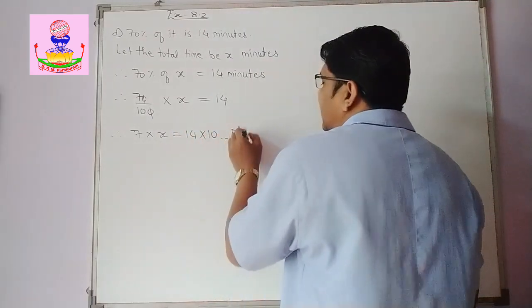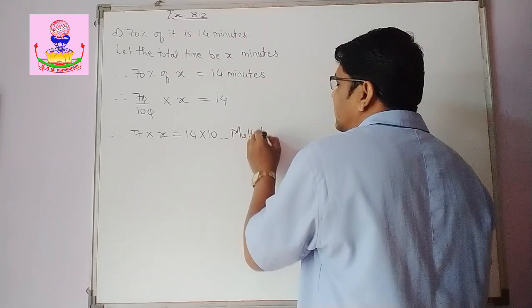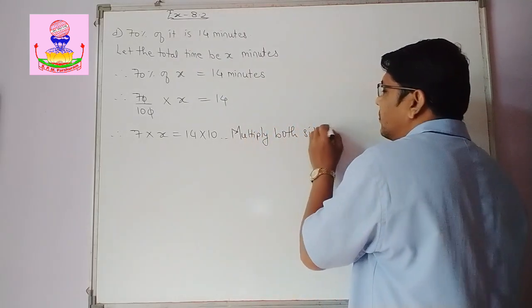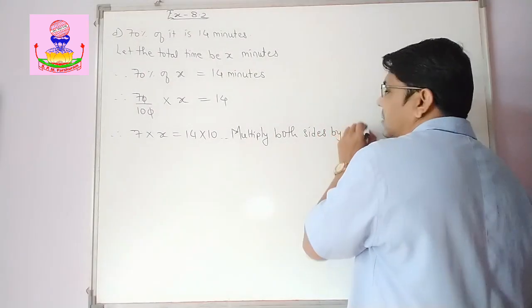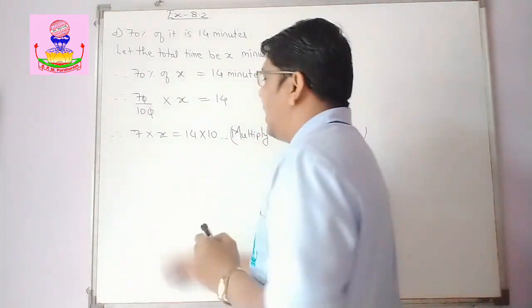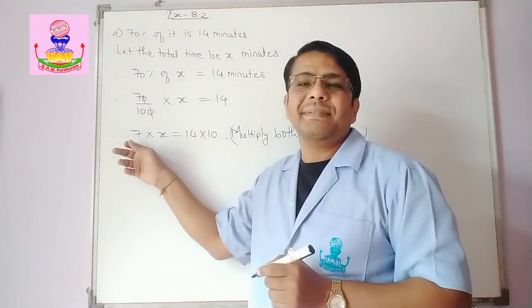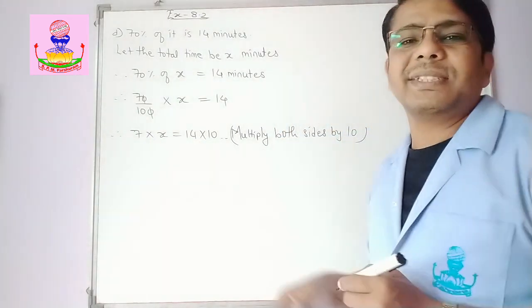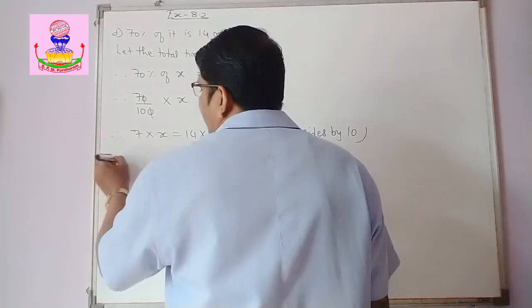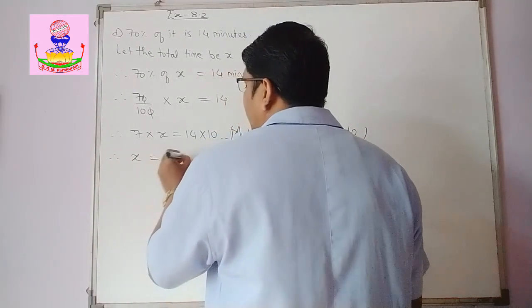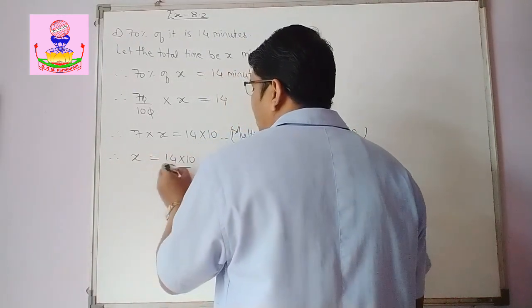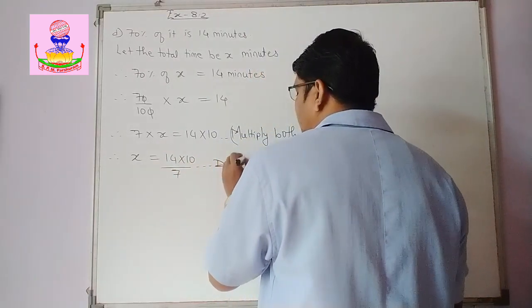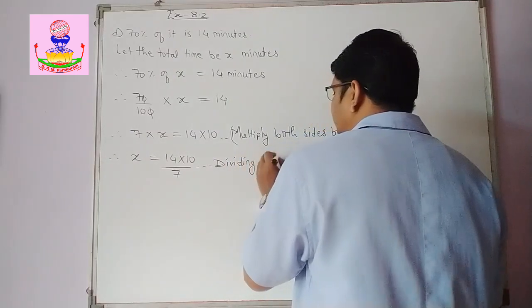Okay, now I don't want this 10, so bring it to this side. It will come in multiplication. So 7 into x is equal to 14 into 10. Multiply both sides by 10. Then I don't want this 7 because I want to find the value of x. So bring this 7 to this side. When it comes to this side, it will be division.